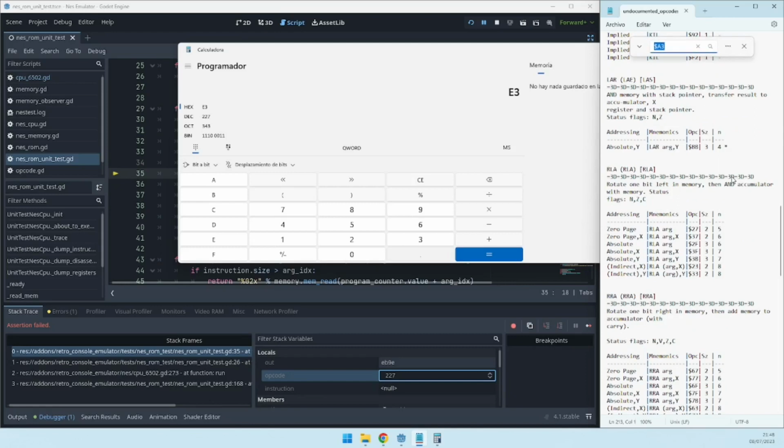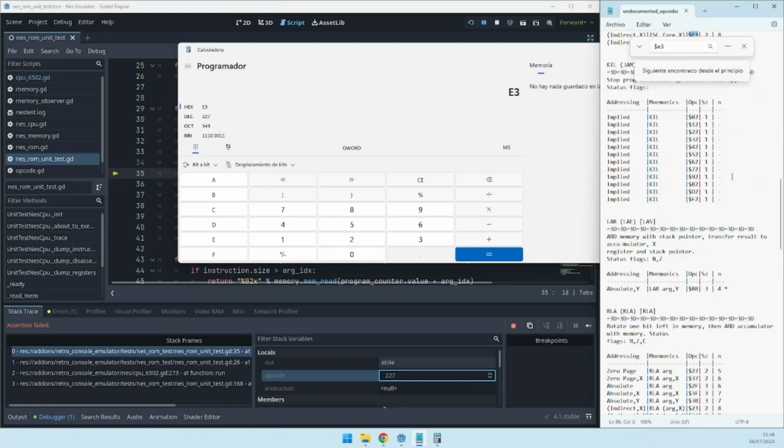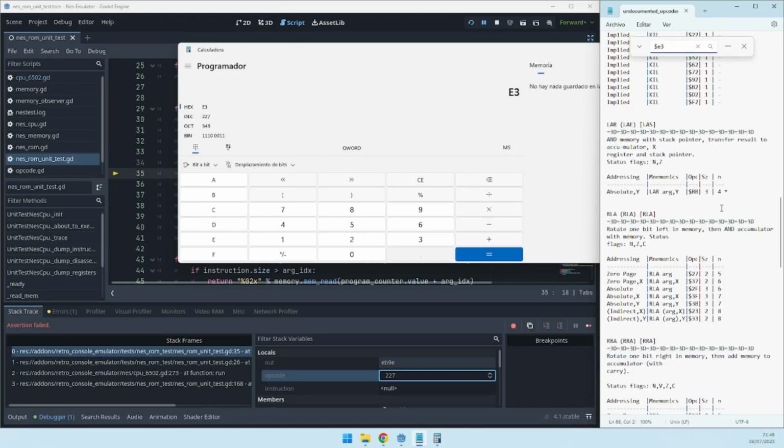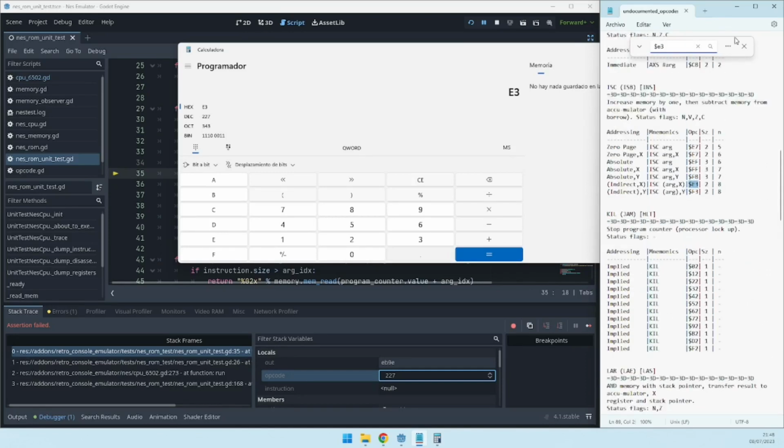Let's search what E3 is. Here we go: it is ISC, increase memory by 1, then subtract the memory from the accumulator. It affects the zero, negative, overflow, and carry flags.